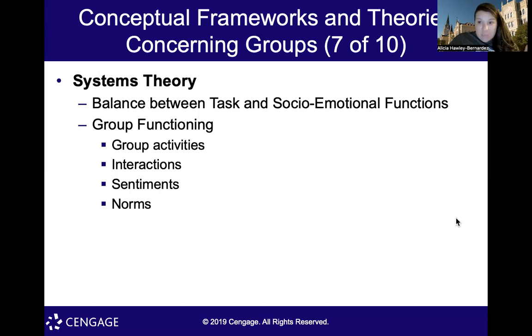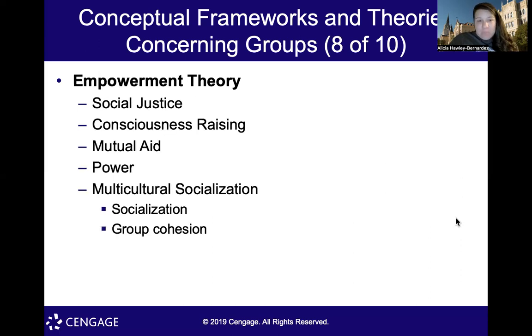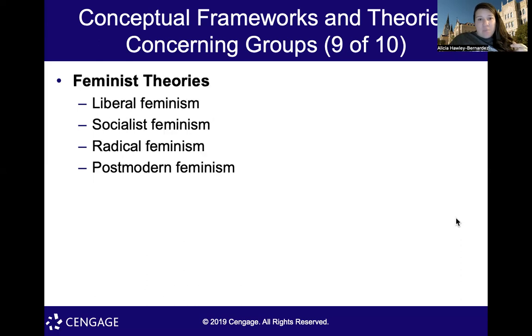So applying systems theory in a group setting. Empowerment theory: consciousness raising, a lot of social justice issues, and how power plays a role as well. So these are some things to be familiar with for empowerment theory.